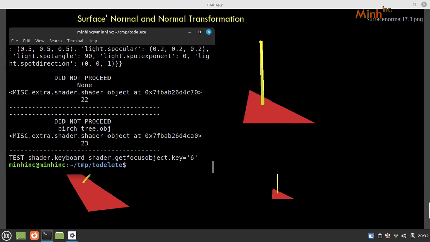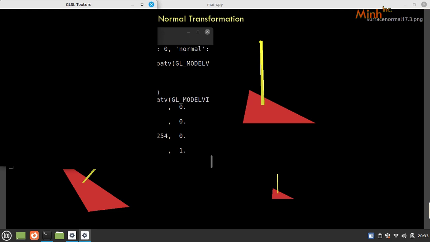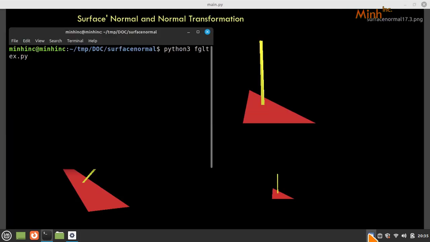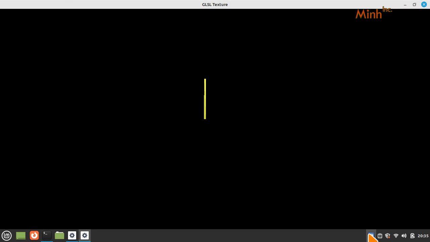I believe I can show it. We can see the surface and normal on the surface. Now we are translating the surface.